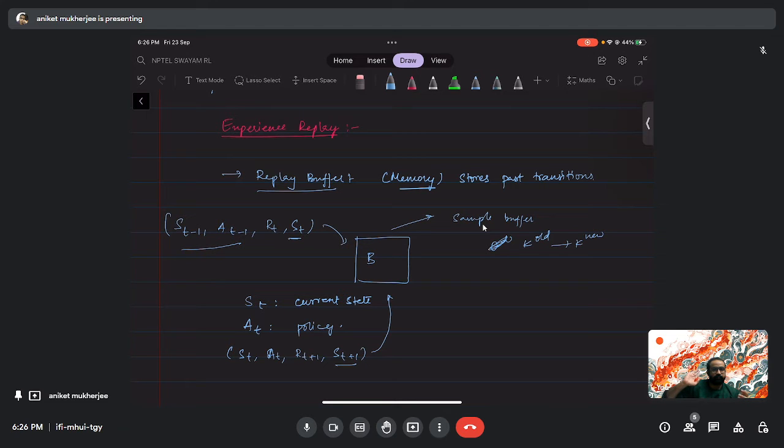Also, since the replay buffer is like a FIFO queue, it will anyway get sampled.